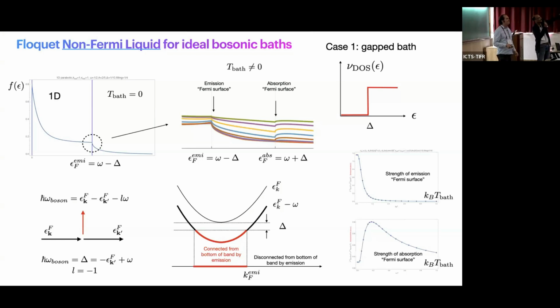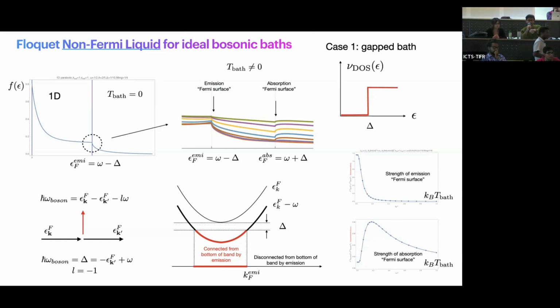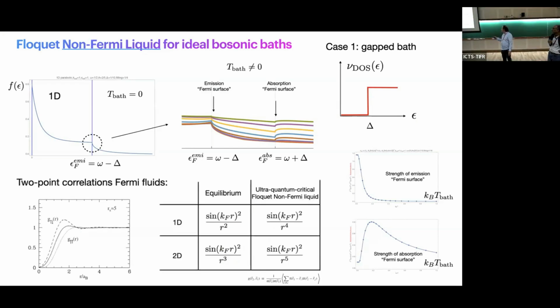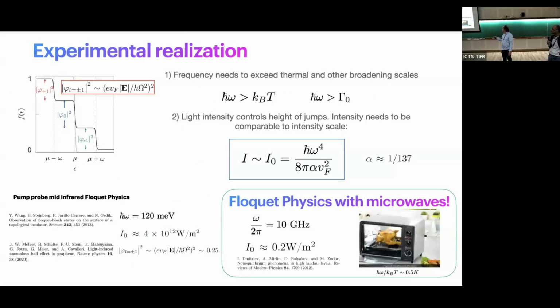I wanted to ask about the fermionic bath. You show only three jumps, but there are many, and it's related to the Magnus expansion. Can I say that the strength of the jumps tells us how strong the Magnus expansion terms are? Yes.